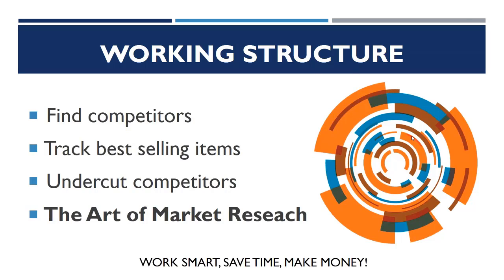Before, actually, the most important thing is the work structure, okay? Many people are joining Zik, many people are starting to sell on eBay, and they don't find the way to start searching for products.